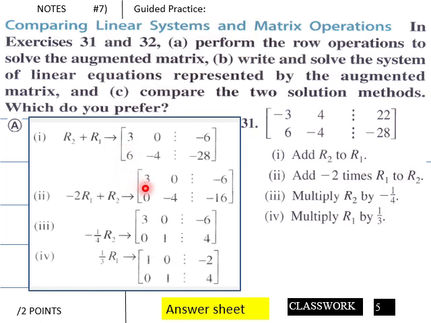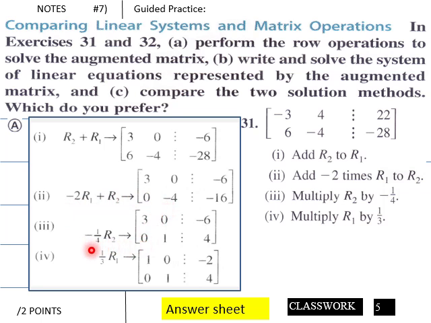So we go back to our original here, and we're going to multiply this here by -2. So it'll be -6 plus 6 would be 0. Then -6 times that would be +12. So that would be -16. So this will be our new second row here after we do this operation here.